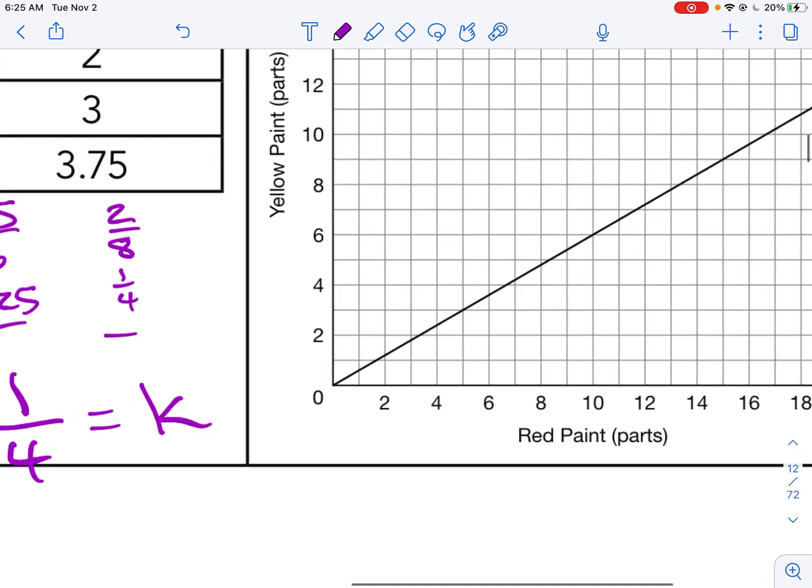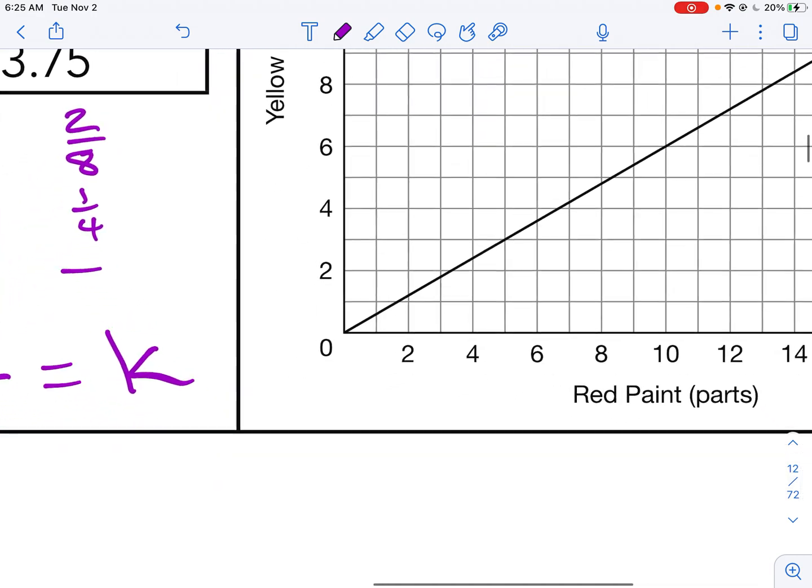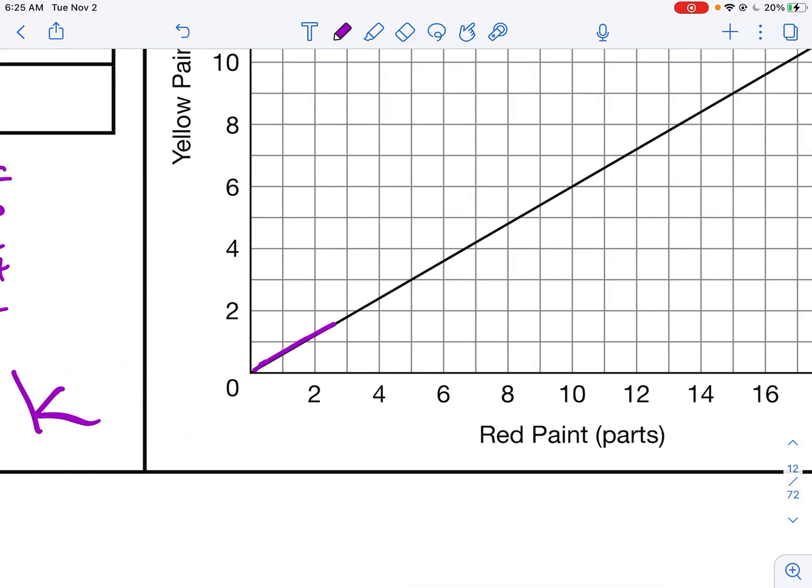So let's look at the constant of proportionality on this one. I want to look on this line right here as to where it goes through a lattice point. That right here is a lattice point. This is a lattice point, lattice point, lattice point. So I'm going to look on this line. Where does it go through a lattice point?